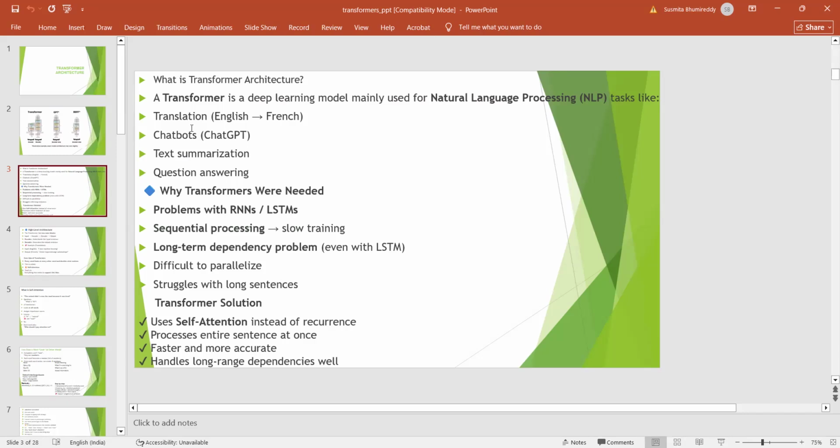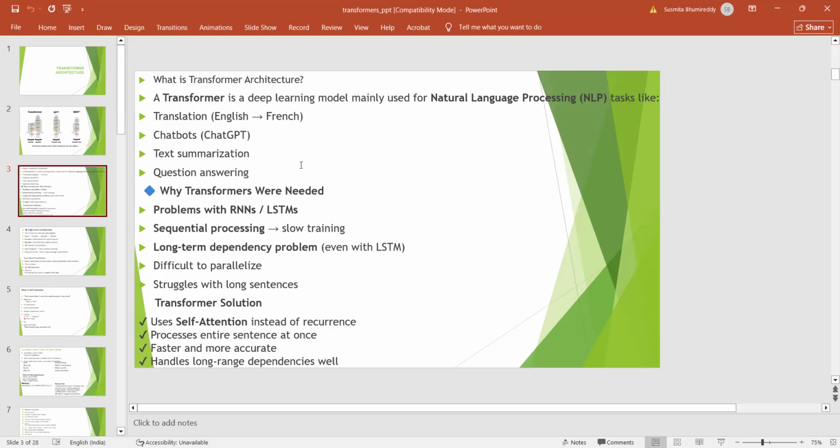So for this translation we are using the transformer. And then for chatbots, for text summarization, and for text question answering. For these tasks, the transformer was specially designed.